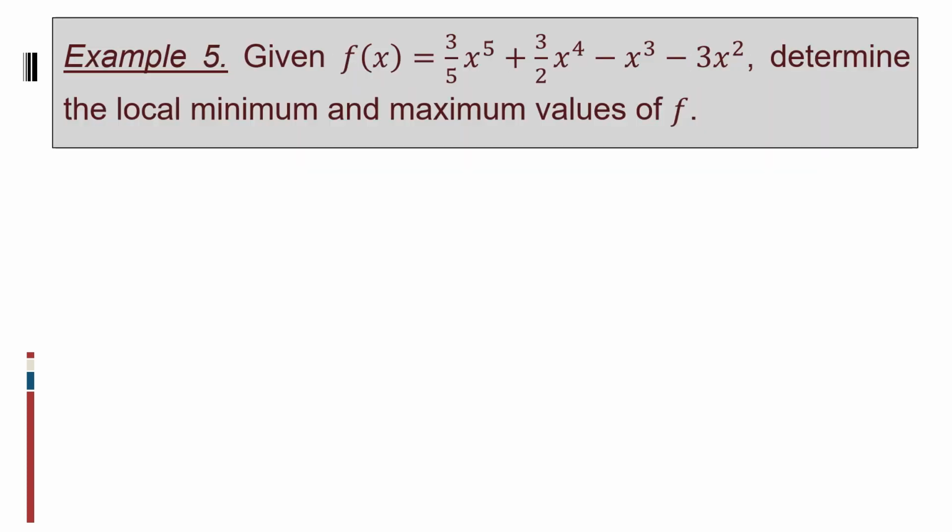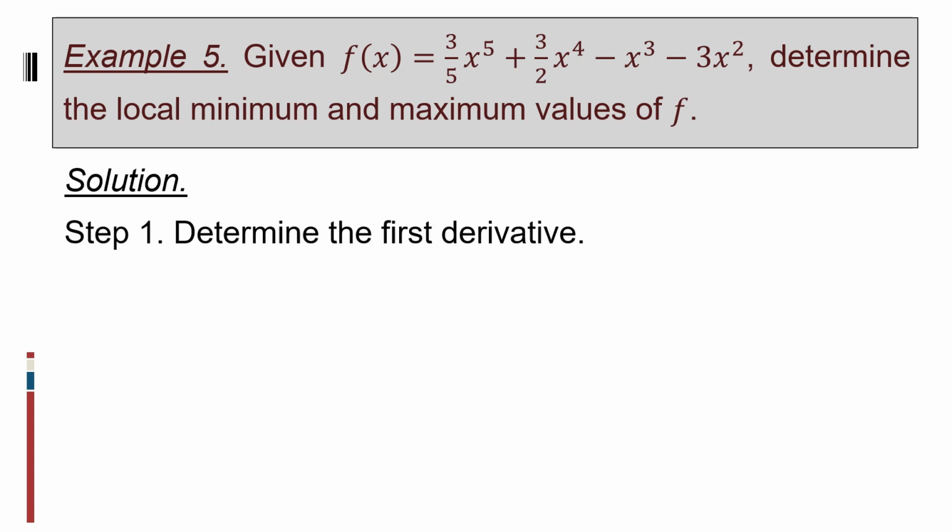So, given the function, determine the local minimum and maximum values of f. So, for our solution, let's first determine the first derivative. So, f prime of x is equal to 3/5 of 5x raised to 4 plus 3/2 of 4x cubed minus 3x squared minus 6x.